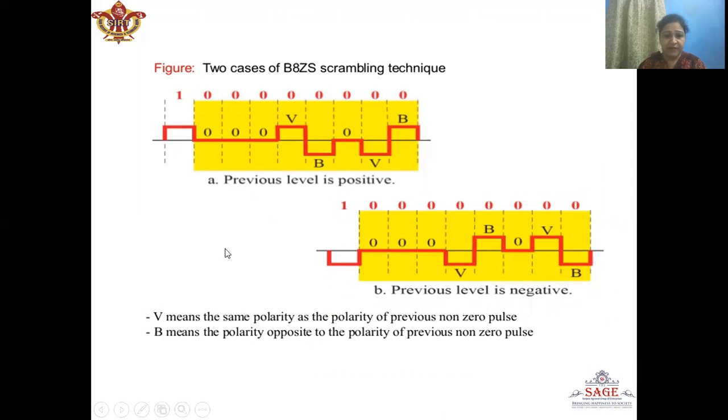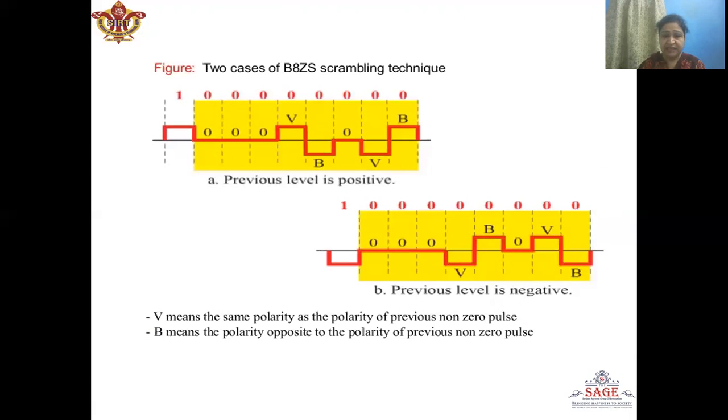Now here we can see that we have 1, then 8 consecutive zeros. So 1 is represented by high voltage level. Now 0, 0, 0 will be represented by 0 voltage level. Now, according to the pattern, after 3 zeros, we have V. V means violation.